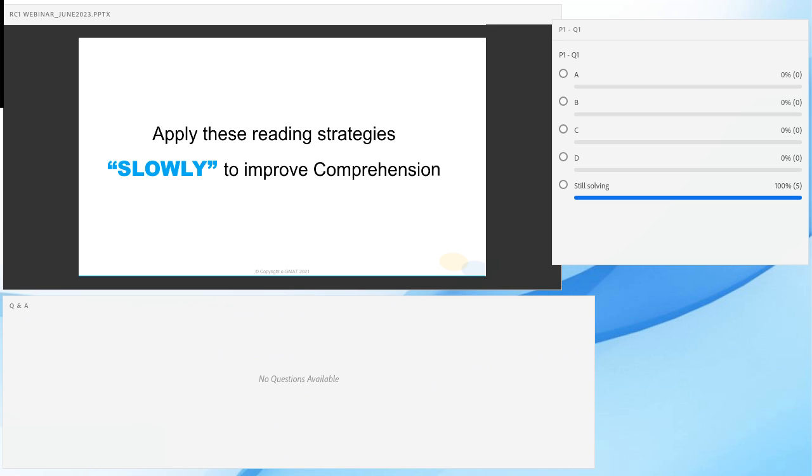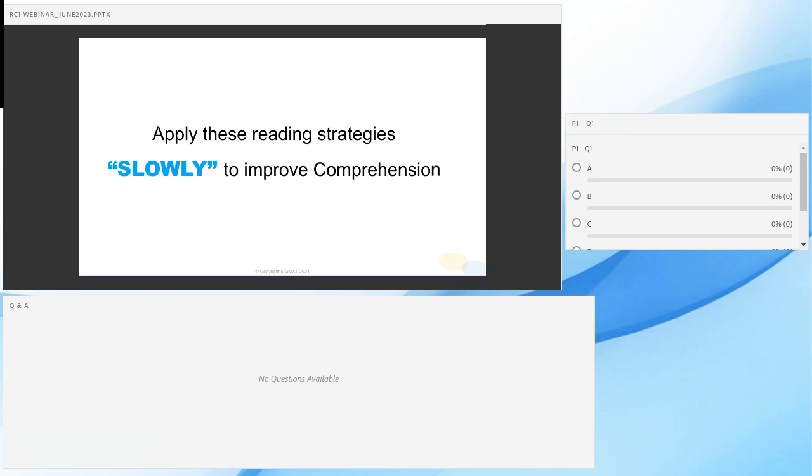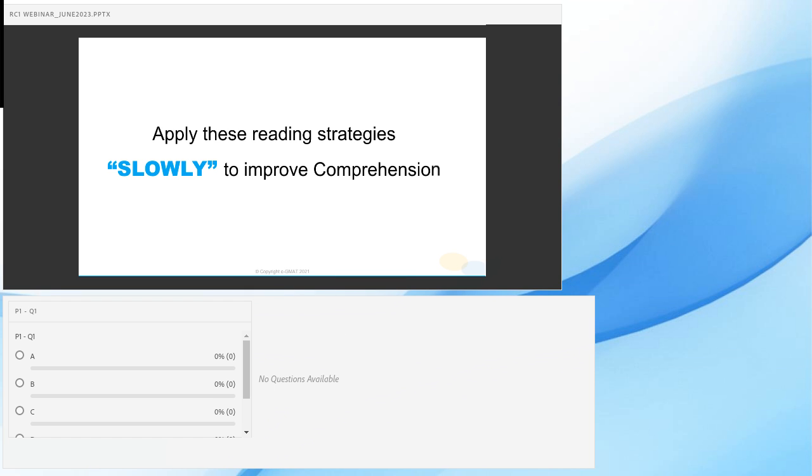Thank you very much for those of you who are selecting still solving. I need 30 people to select still solving before I show the passage. Overall, good. I have 31, 32. I'm going to put this poll over here. What I want you to do is I'm going to show you just the passage without the answers. You'll have about a minute and a half. That way you focus your energy.